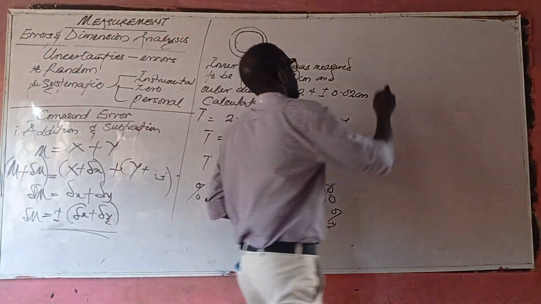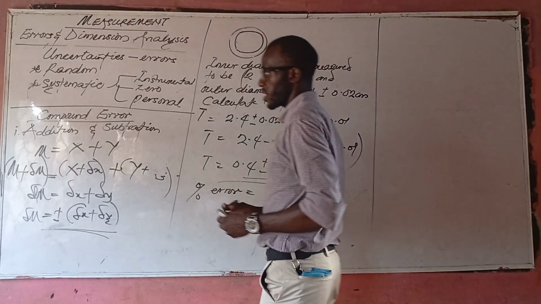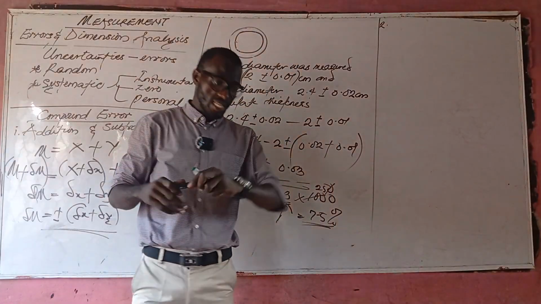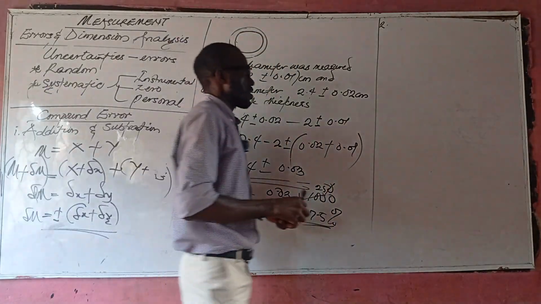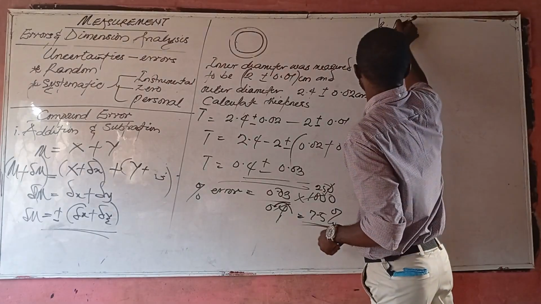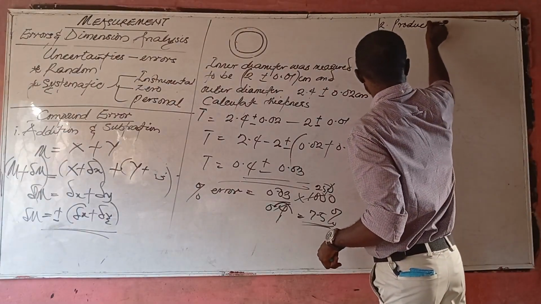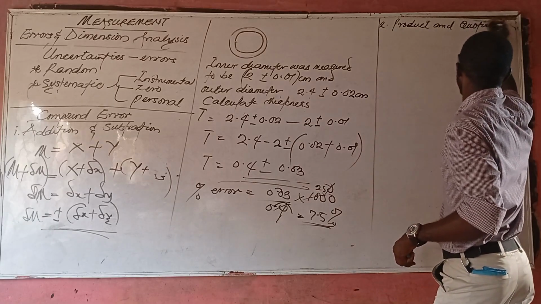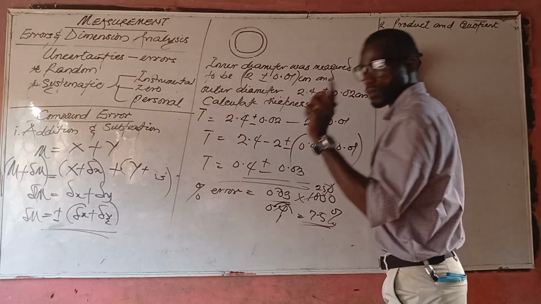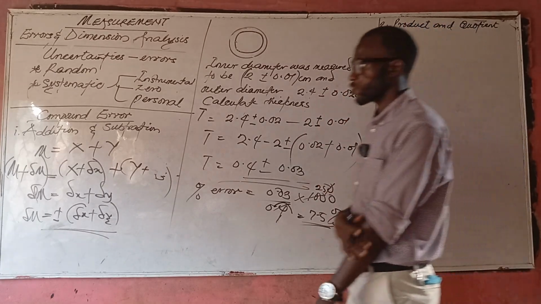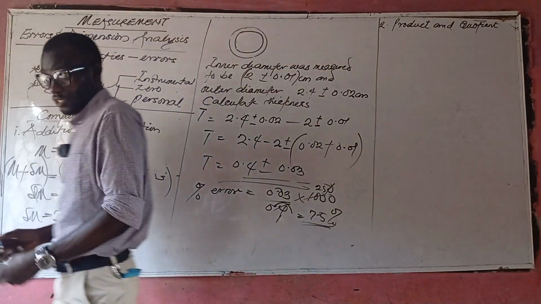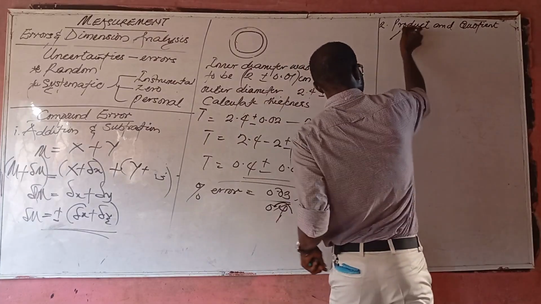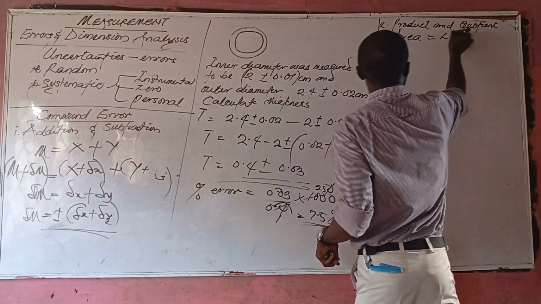All right. Now, let me do the one for addition and subtraction, and that will be it. Then we'll go to dimensional analysis. For product and quotient now, give me a formula in physics that has to do with multiplication. Area, length times breadth.